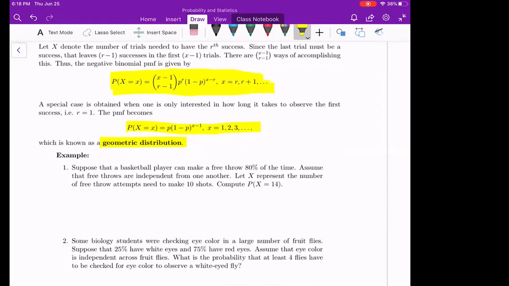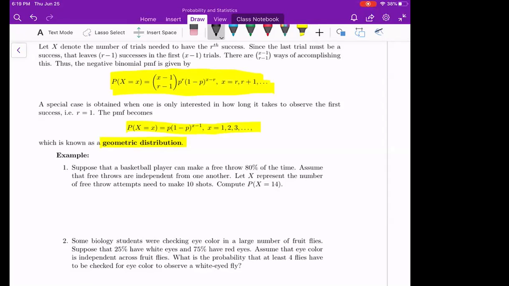Let's get to applying one or both of these. We'll see what's needed in each of the problems. So the first problem says, suppose that a basketball player can make a free throw 80% of the time. Assume that free throws are independent from one another. Let x represent the number of free throw attempts needed to make 10 shots.